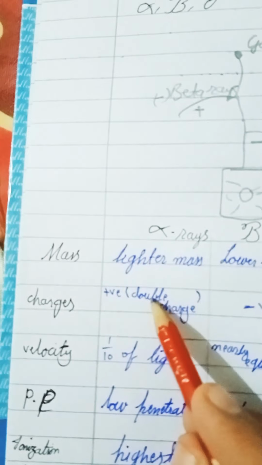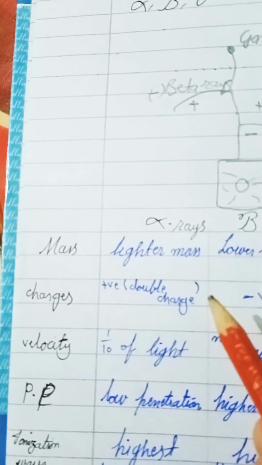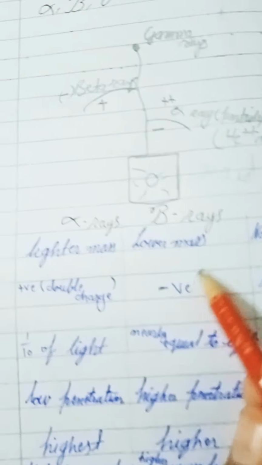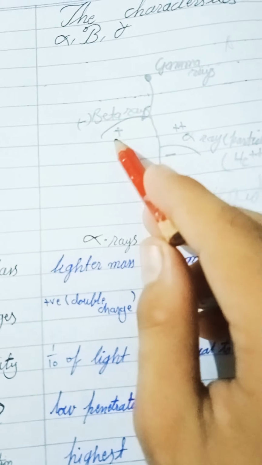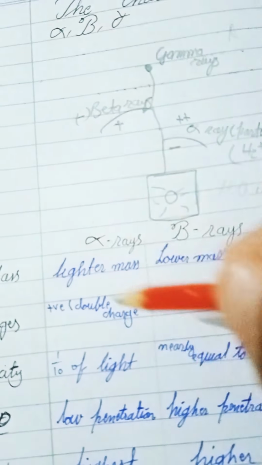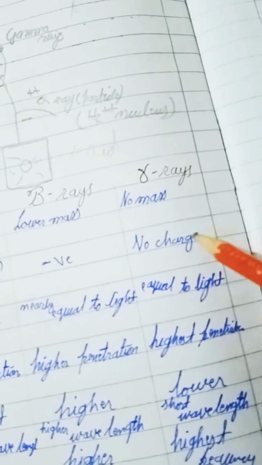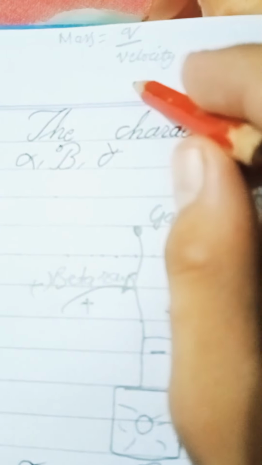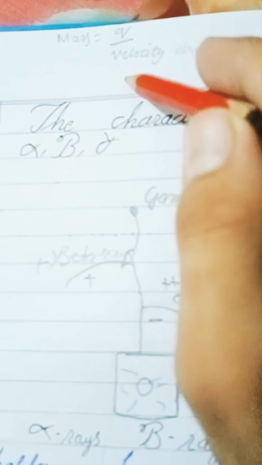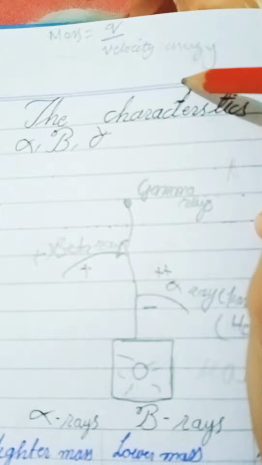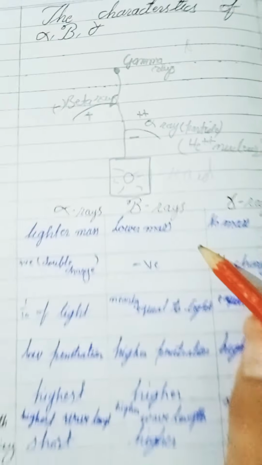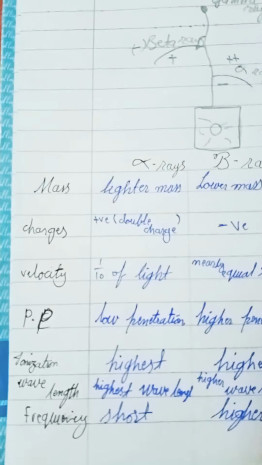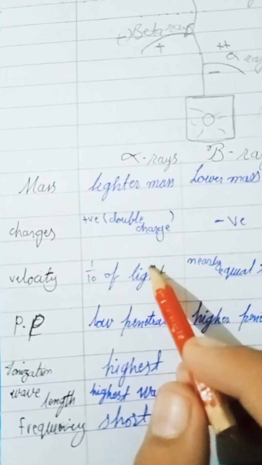So alpha has more mass, so it has high charge, and beta has second highest mass, so it has second highest charge. Gamma has no charge because it has no mass. And the same relation: whenever the mass increases, the velocity decreases and the energy also decreases. Remember this point.